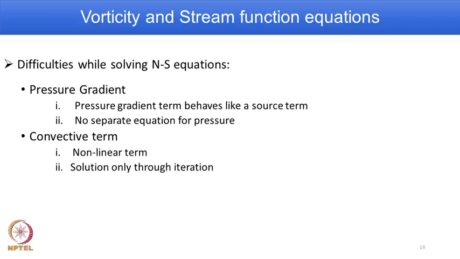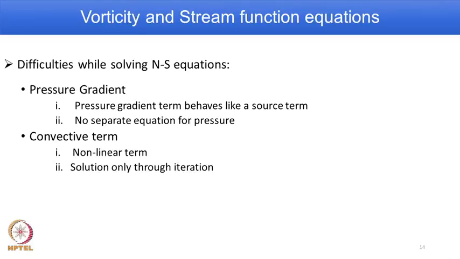∂u/∂x, this is the first term in the x momentum equation, the convective acceleration term, and the function u multiplying its own derivative ∂u/∂x is nonlinear in nature. Hence, treating this nonlinear term is again very tricky. Now, you may have to do many iterations to get a solution.